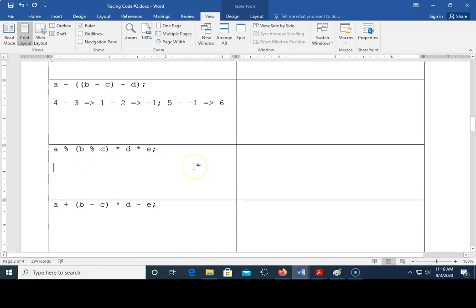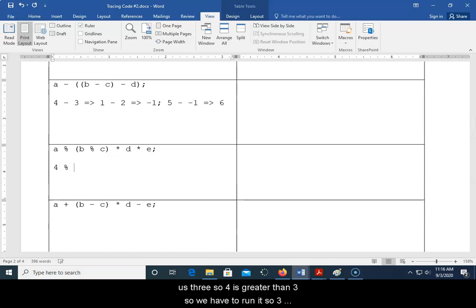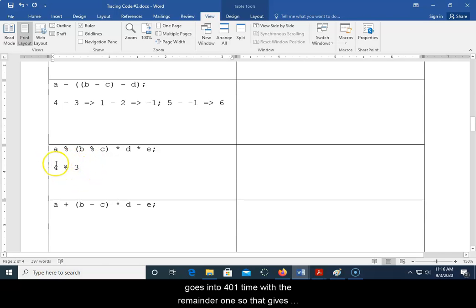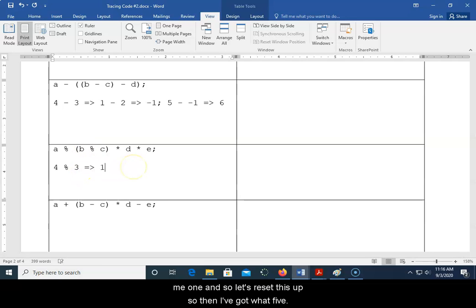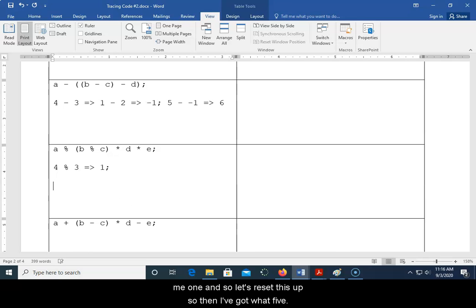Okay, next up, we got to do this inside first. So b is 4, modulus, and c is 3. So 4 is greater than 3, so we have to run it. So 3 goes into 4 one time with a remainder of 1, so that gives me 1. And so let's reset this up. So then I've got 5 modulus 1. Okay.